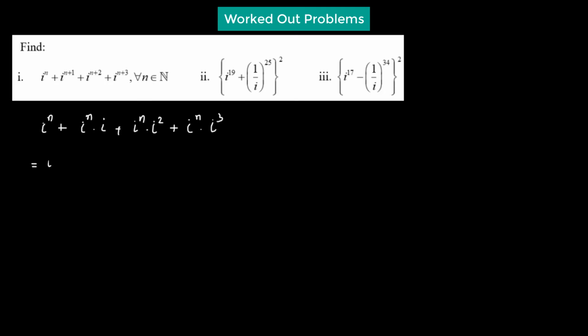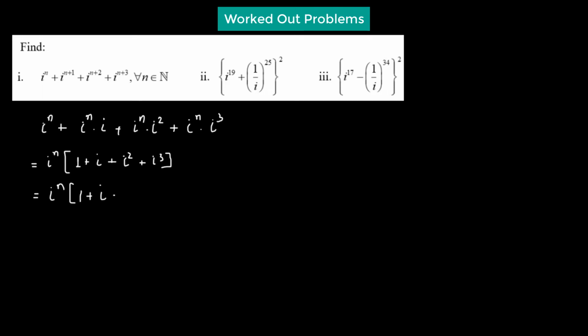Now we can factor out i^n from each of the terms. That leaves us with 1 plus i plus i squared plus i cubed, which will be equal to i^n times (1 plus i).